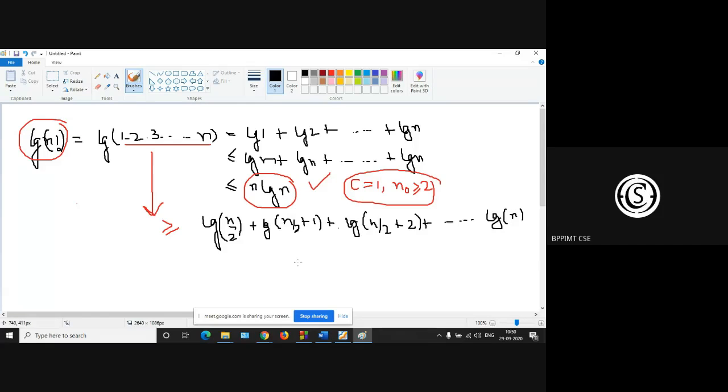Can you write that? If we take the half portion, we can write this also.